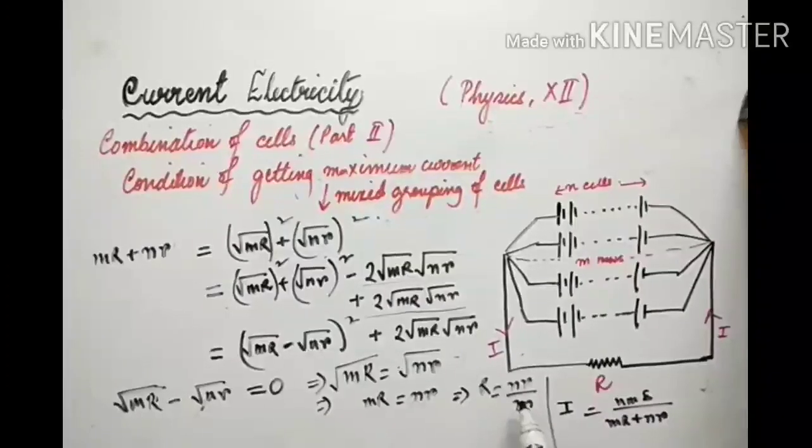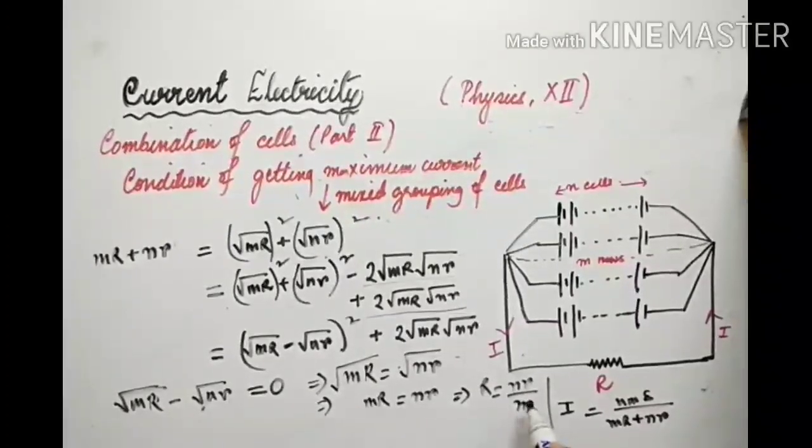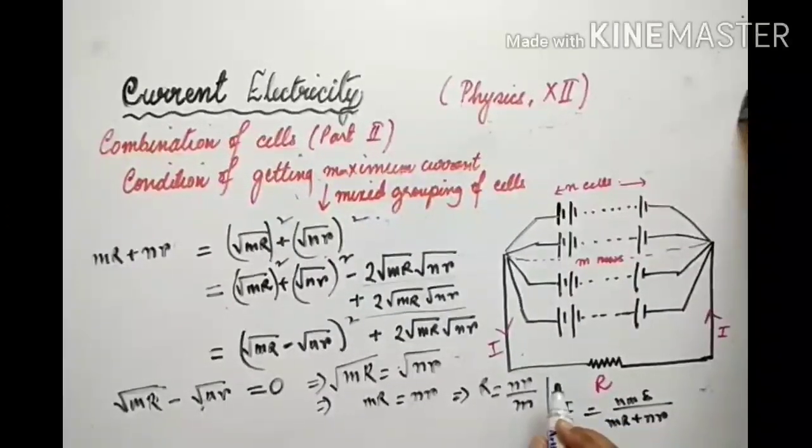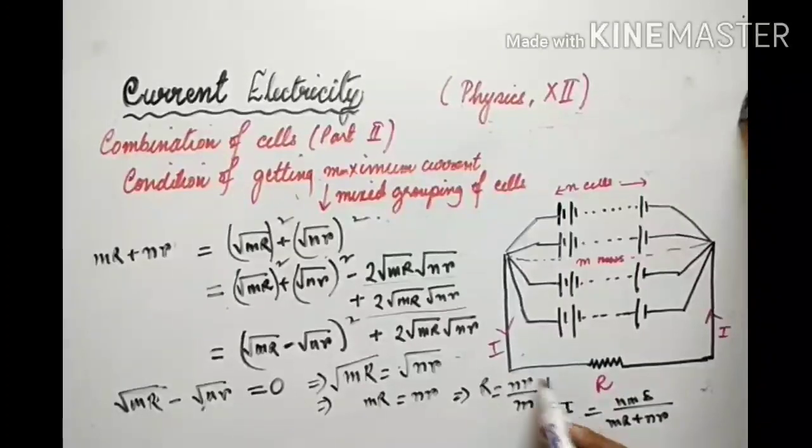That is, we will get the maximum current from the circuit when the resistance is n times r by m. That is, the external resistance is equal to the total internal resistance of the cells, because we have seen that the internal resistance is nr by m.